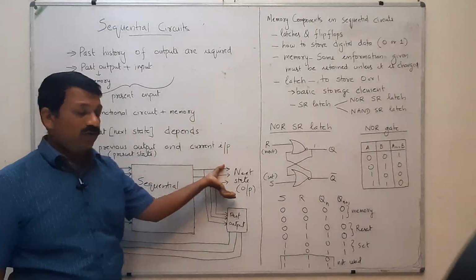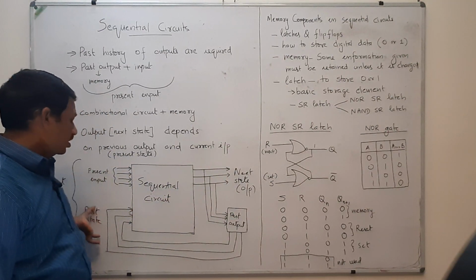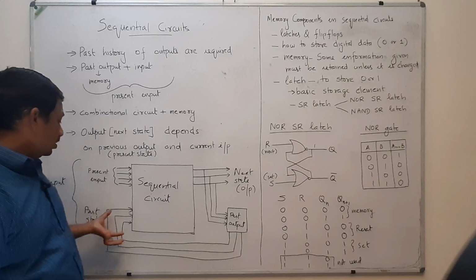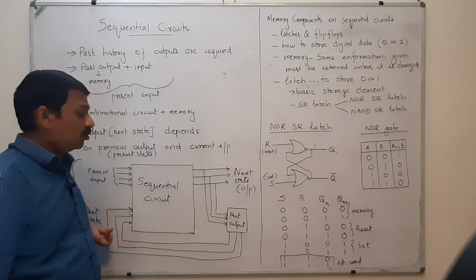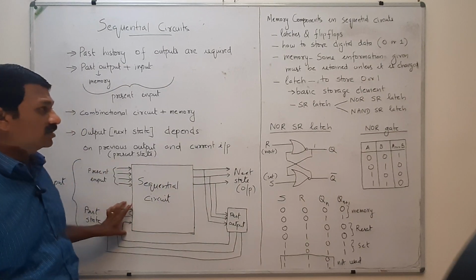The next output, or next state, depends on the present input as well as the previous or past output. That means this depends on this as well as this.